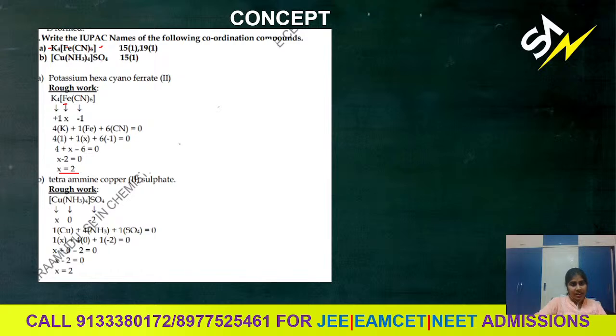And what type of ligand is it? Cyanide ligand, right? It is represented by cyano. And this Fe with oxidation state +2 is written as ferrate, with the oxidation state in brackets as Roman numeral II. Completely it is potassium hexacyanoferrate(II). In this way you need to answer those types of questions.